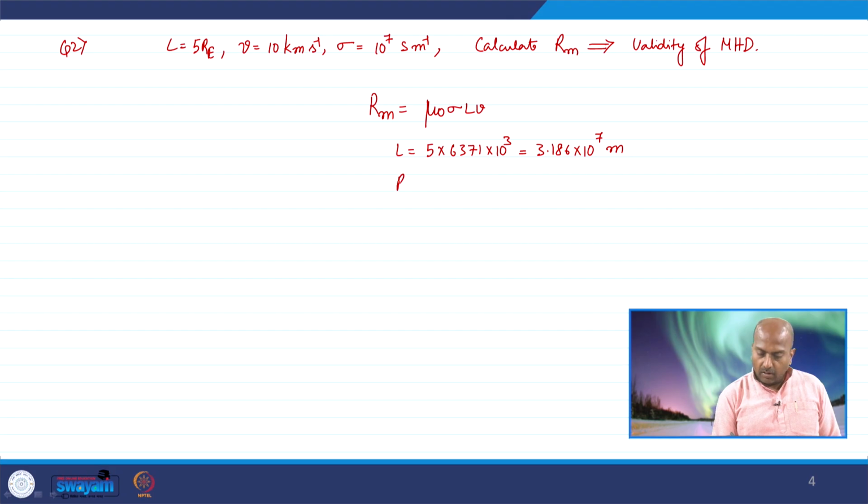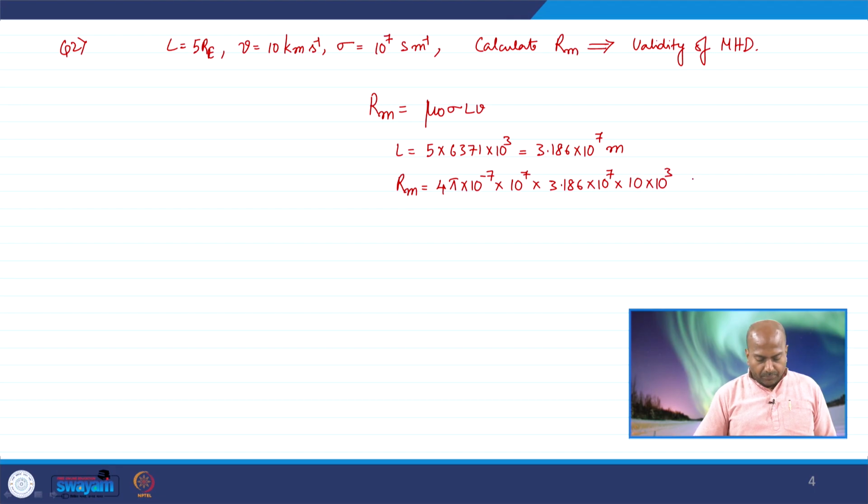Then we have Rm, which is 4 pi 10 to the power of minus 7 into sigma is 10 to the power of 7 into L is 3.186 10 to the power of 7 into the velocity, which is 10 into 10 to the power of 3 meters per second.